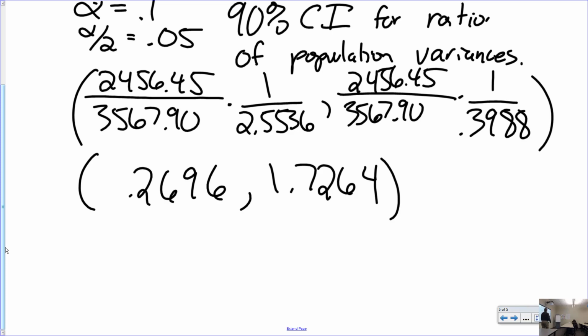If you rounded it to less, that would be perfectly fine. So the true ratio of the variance is somewhere between 0.2696 and 1.7264. Did the back of the book agree with that answer?